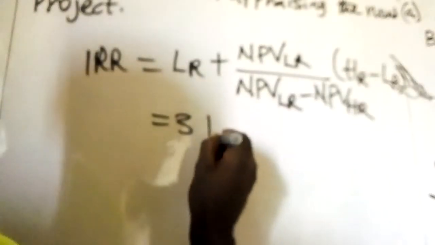The formula for calculating the internal rate of return is IRR equals lower rate plus NPV at the lower rate, over NPV at the lower rate minus NPV at the higher rate, into higher rate minus the lower rate. And our lower rate is 3%.